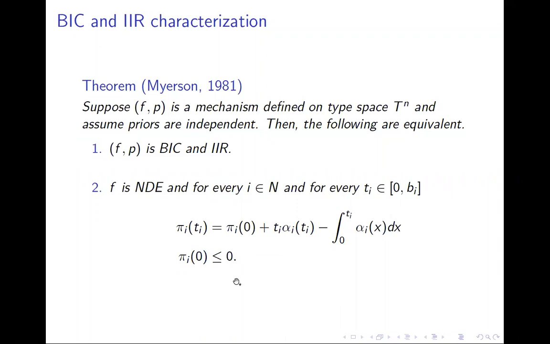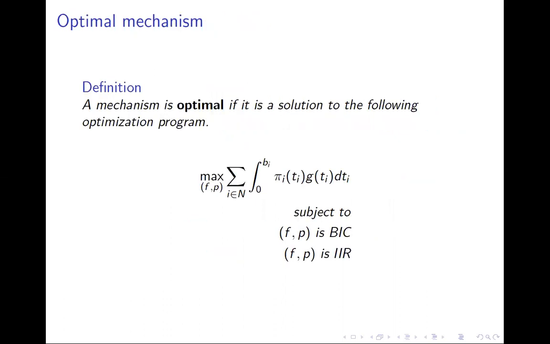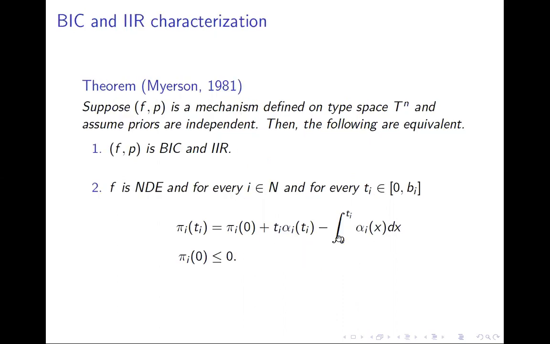The second one is basically the IIR constraint, and this is the revenue equivalence formula. This, along with non-decreasing in expectation, is necessary and sufficient for f, p to be BIC and IIR. So instead of imposing that f, p is BIC and IIR, we can just replace it by f being non-decreasing in expectation, and this inequality and equation holding.